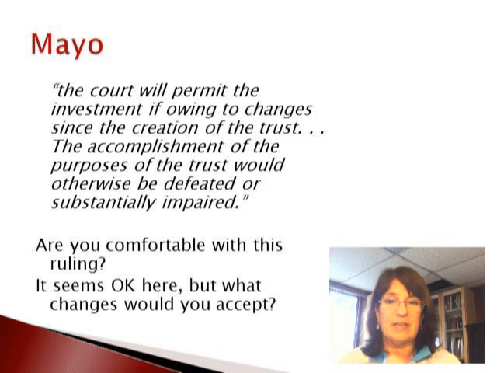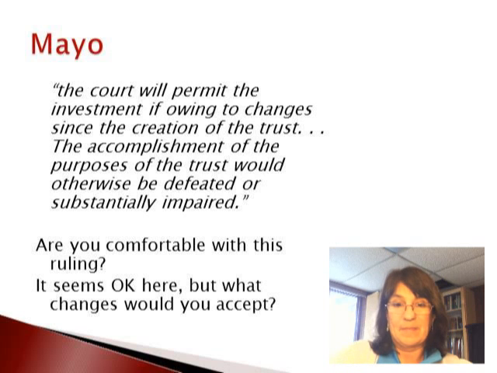And then if it turns out that accomplishment of that purpose would be impaired or defeated, then we allow the trustee to invest in the stock, right? If this is a result of changes since the creation of the trust.